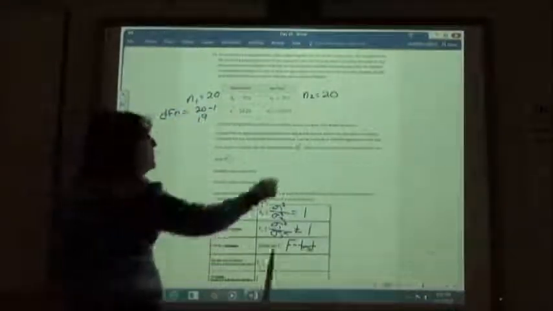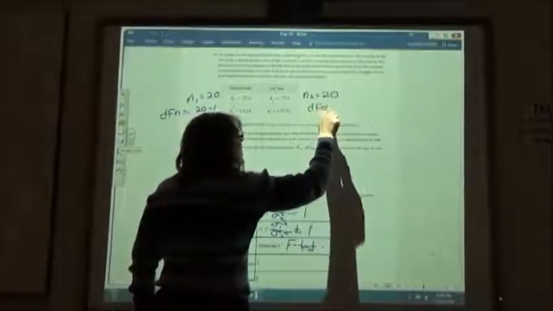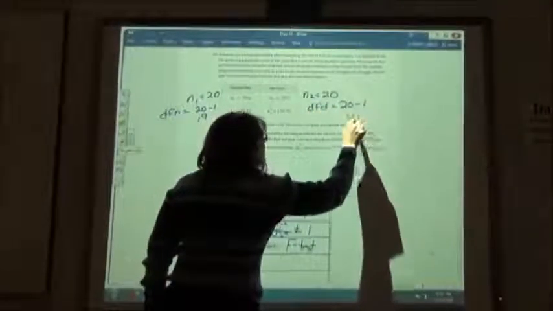The type of test we're going to do, an F test, and then we've got to do our degree of freedom. So my degree of freedom in my numerator, 20 minus 1, which is 19. My degree of freedom in my denominator is also 20 minus 1, because each year we did 20, so it's 19.